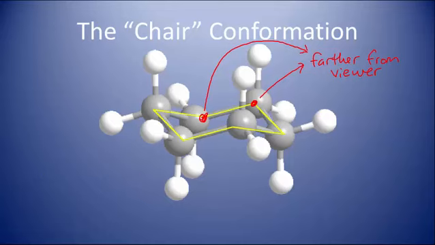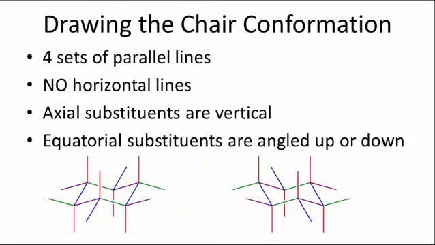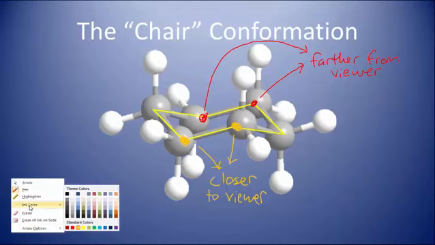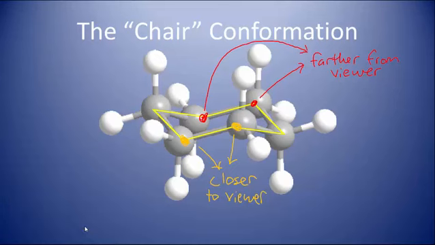And the 2 carbons here, those are closer to the viewer. That's our convention. Why do we call it the chair? Well, if you draw it in the right way, it sort of looks like one of those folding beach chairs.